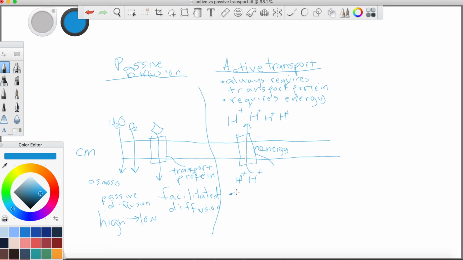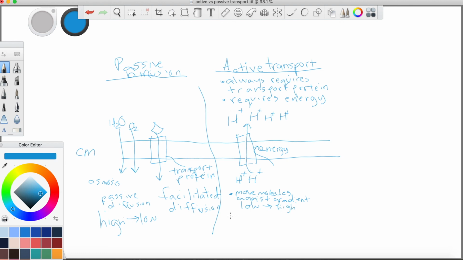One might be exactly this, where they need to move molecules against a concentration gradient, which means, like we see in this picture, move them from an area of low concentration to an area of high concentration.